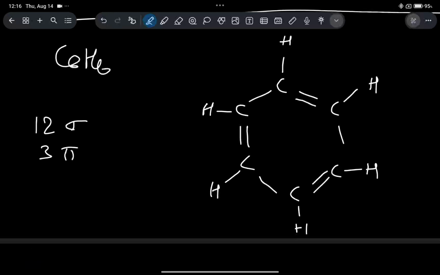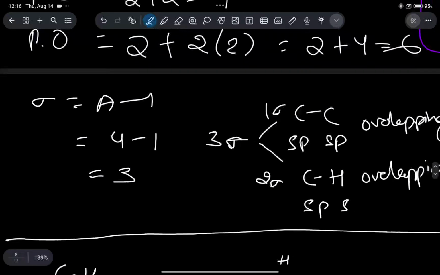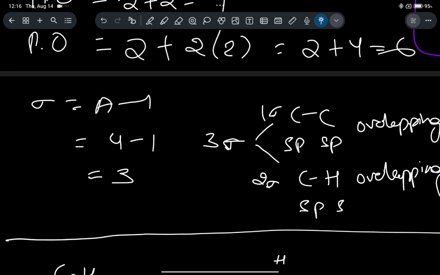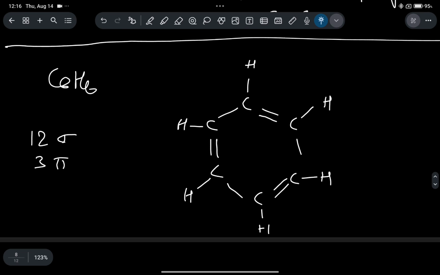This formula only works for alkanes, alkenes and alkynes. For cyclic compounds like benzene, you should draw the structure and then count the number of pi bonds and sigma bonds present.